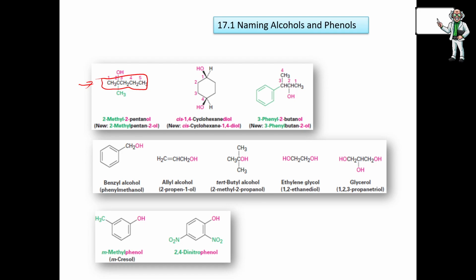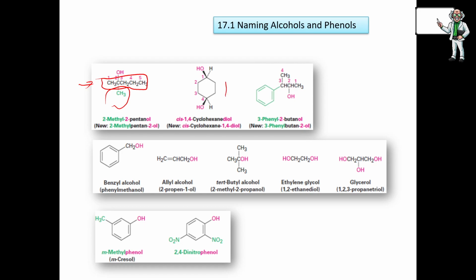And then what I need to do is to name the substituents. Here I only have one substituent, that is this methyl group that is in position 2. That means that this will be 2-methyl-2-pentanol or 2-methylpentan-2-ol. Okay?